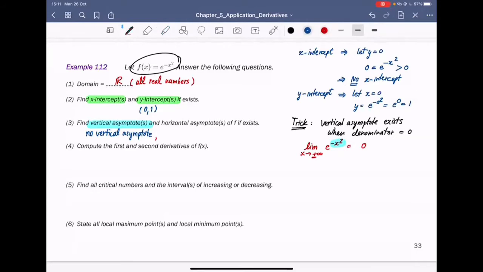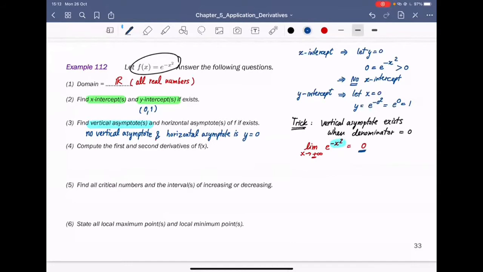Well, that means the horizontal asymptote is y equals 0, right? Because the limit when x goes to plus or minus infinity is equal to 0. Well, we're gonna save that and then we're gonna draw the graph later.